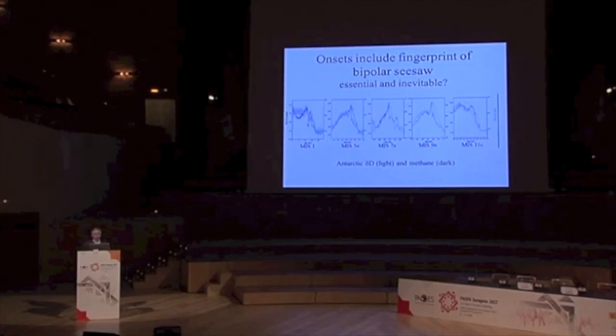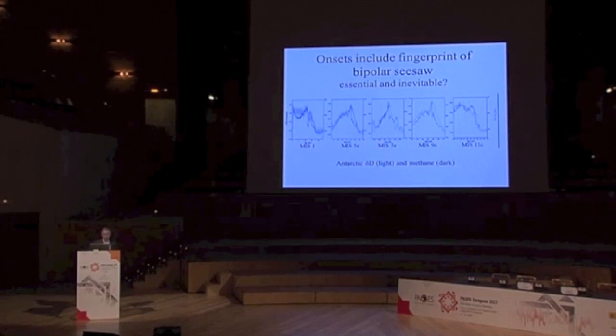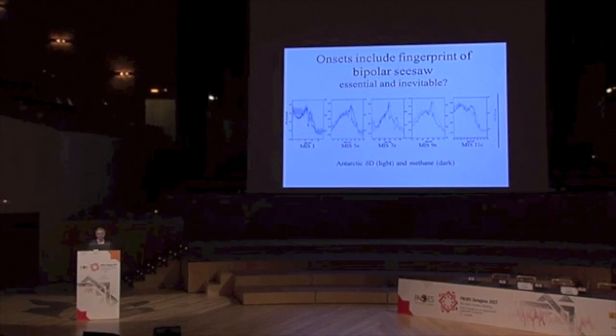Stage 1 is actually annoyingly complicated, and it's probably confused us over the years because it does it twice, having the Bolling-Allerod and the Younger Dryas in the middle of it. But there's always this fingerprint of a bipolar seesaw in the terminations, and a good question, which I think many of us think is now answered, is whether that is essential to the termination.